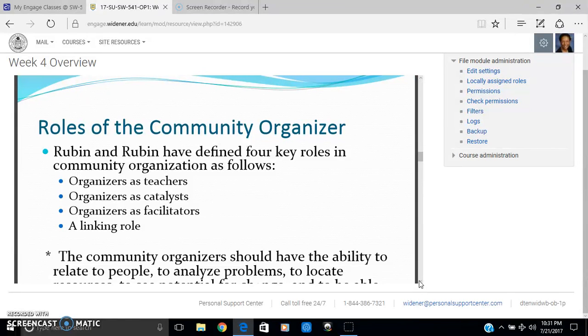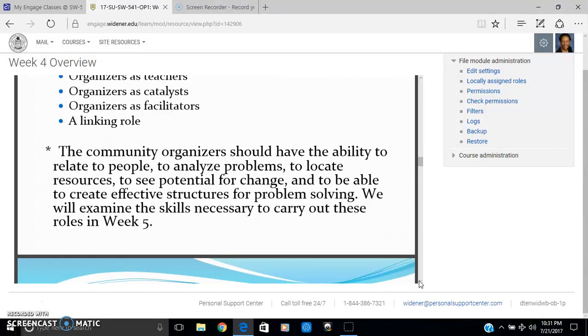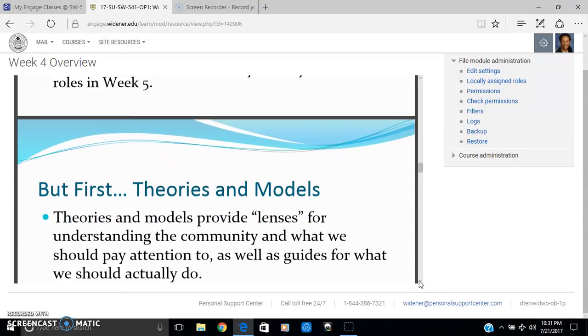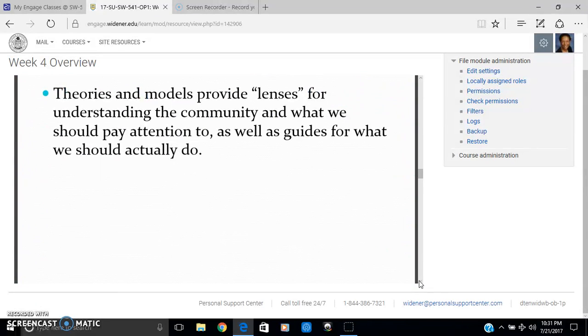Roles of the community organizer can include being a teacher, a catalyst for change, a facilitator, or a linker.